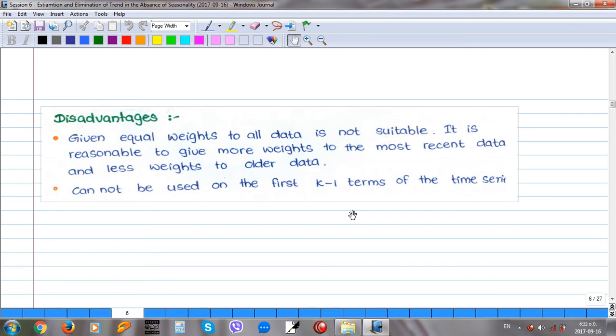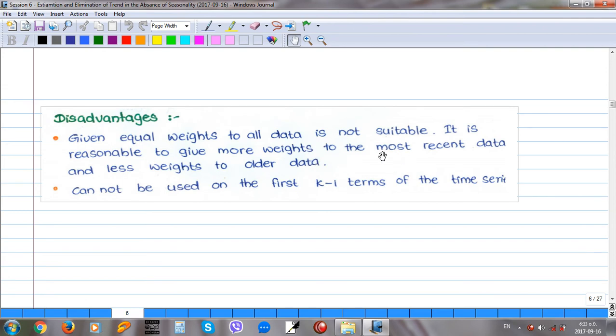If you need a 4-year or 4-month moving average, the first 3 terms must be omitted. We add the first 4 terms and divide by 4, and write the result in front of the fourth term. So we omit the first 3 terms.